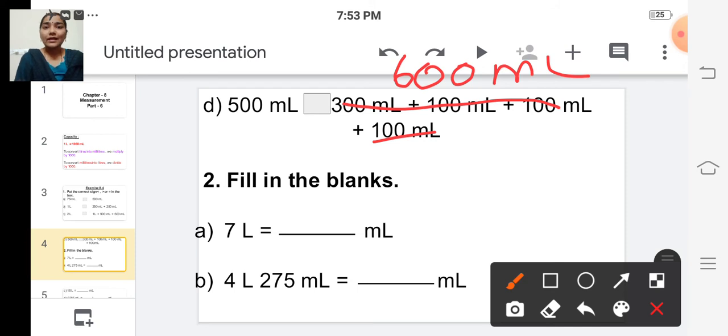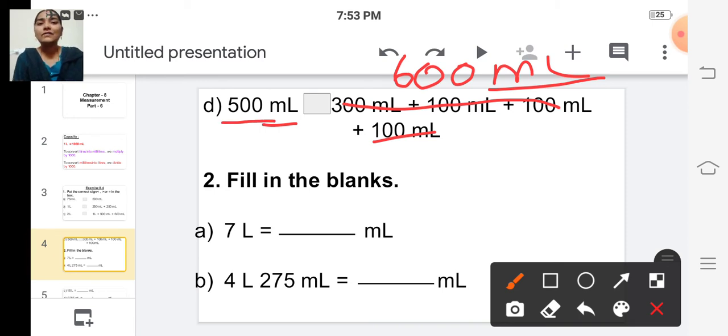Okay. And in the next step, the second step, what do we have to do? We have to check the units, whether both the units are same or not. Okay. And here milliliter and here also milliliter. So the units are same, so we can compare. Okay.